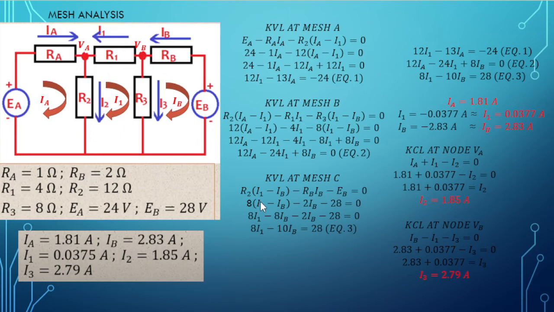So 8 times I1 equals 8 I1, 8 times negative IB, negative 8 IB, minus 2 IB, so equals negative 10 IB. Then transpose, and 8 I1 minus 10 IB equals 28. So this is our third equation.